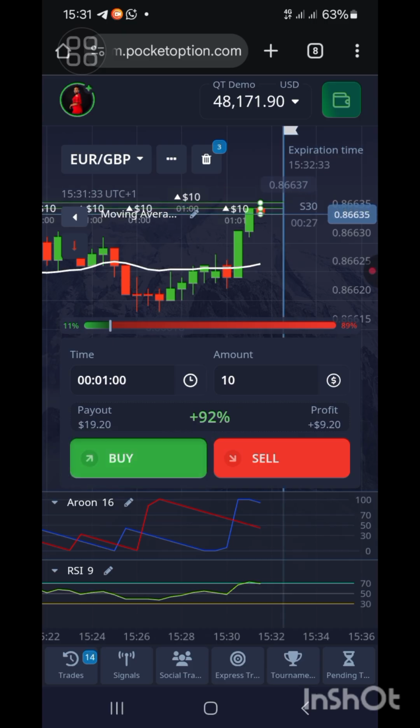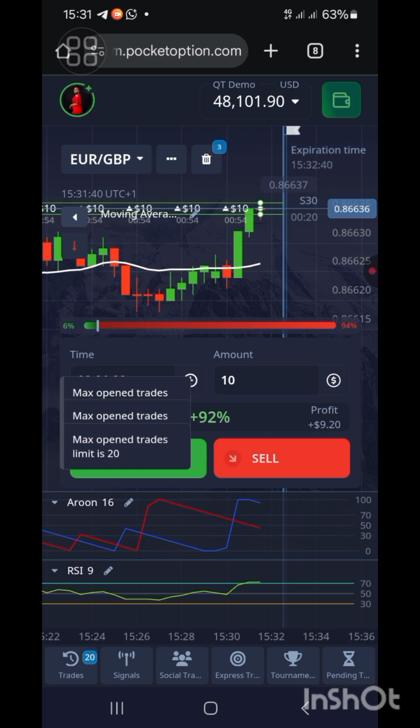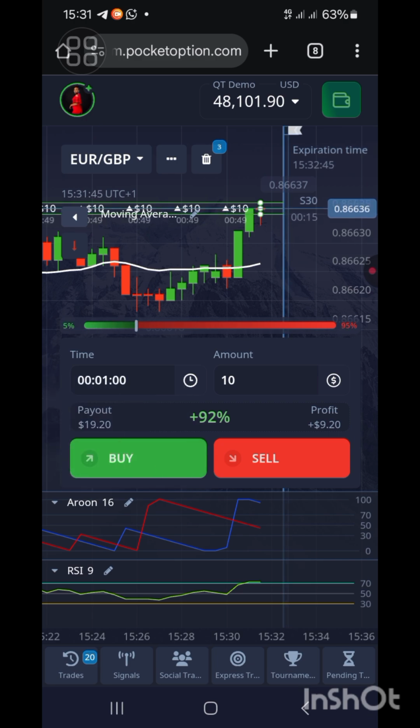The reason this was a very good one is because Arun has crossed and is pointing to 100, which shows a very strong uptrend. RSI is above 50, which also shows that it is a strong uptrend.